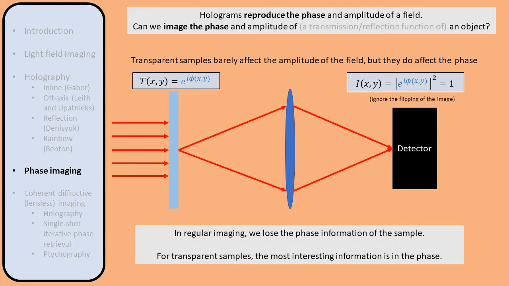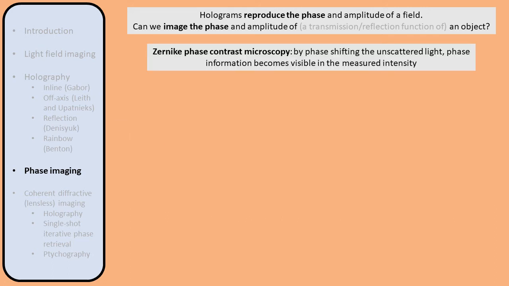One way to create an image using phase information is Zernike phase contrast microscopy, an invention for which Fritz Zernike received the 1953 Nobel Prize. To reveal phase information in the recorded image, the unscattered light is phase shifted before it re-interferes with the scattered light.